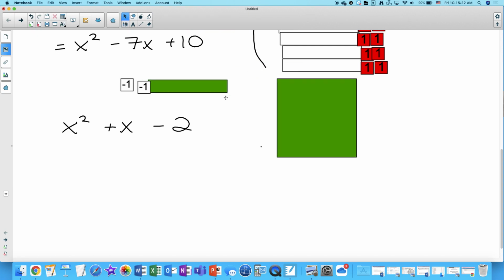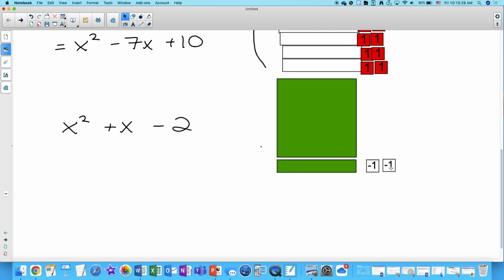Here are my tiles. What can I do here? Is that going to in any way make a rectangle? No. Okay. Because I almost need more X tiles to fit in here, right? So that I could put these here somewhere or something like that.